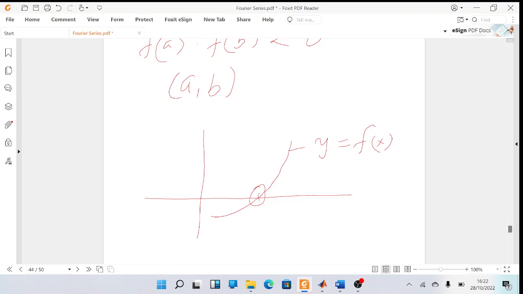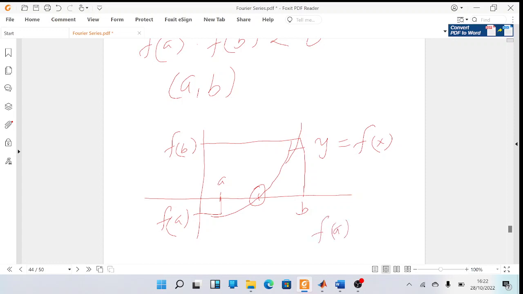So if we locate some point a here and some point b on this other side, such that f(a) is negative and f(b) is positive, then f(a) times f(b) will be negative.